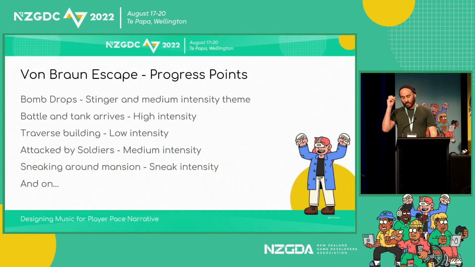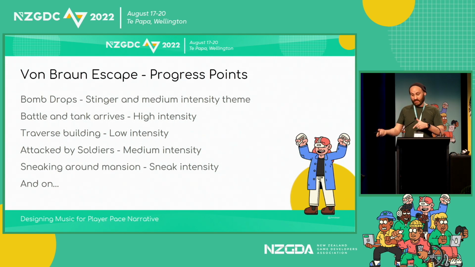And yeah, there's so many progress points in this one, it doesn't make sense to me to list them all out, but here are a couple so that you can see examples of it. We come in, the bomb drops, there's a stinger and a medium intensity theme starts looping. The battle tank area happens, the music's high intensity there. That scene is very purposely sound design heavy to make it feel quite visceral and intense.